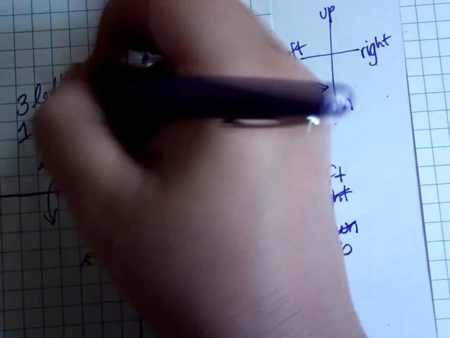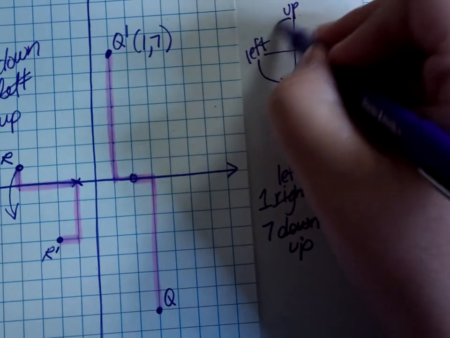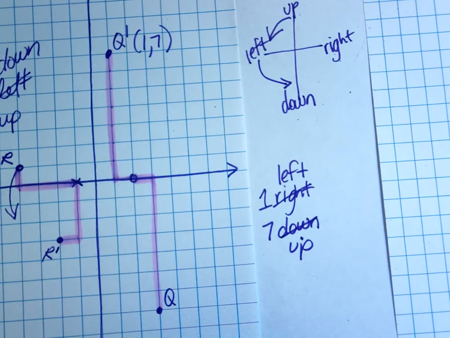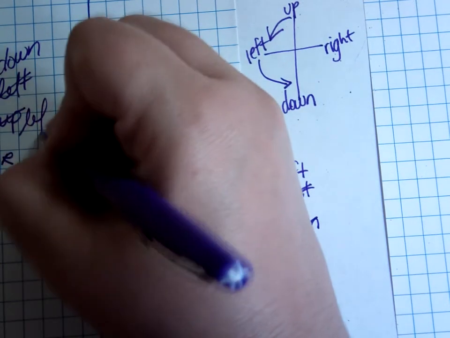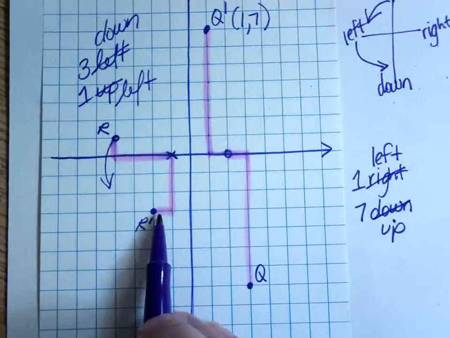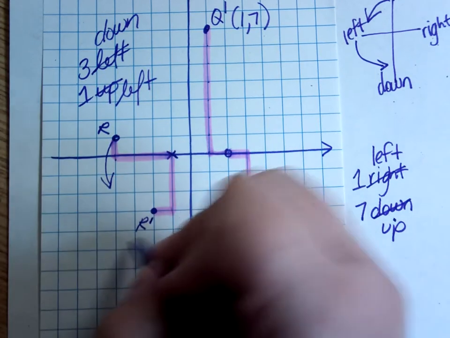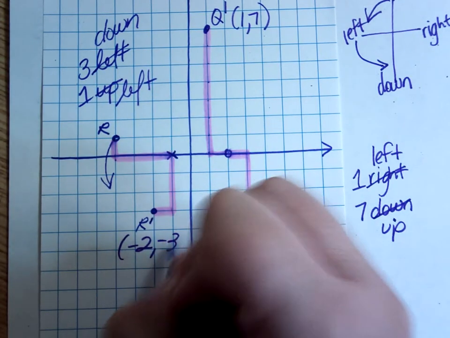So this becomes down. 90 degrees from up is left. So this becomes left. So I'm going to go 3 down and 1 left, which is exactly how I got to my result, which is the image point R prime, or -2, -3.